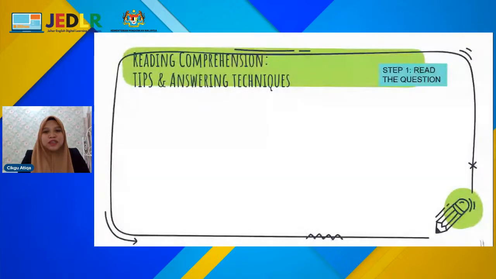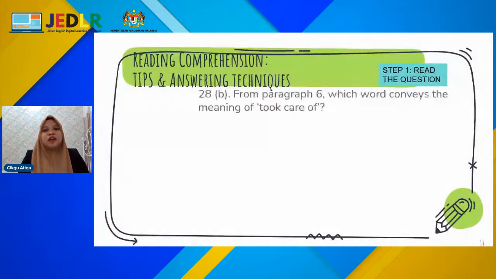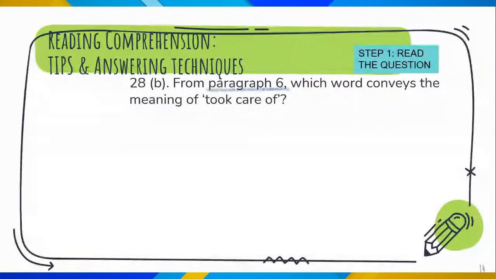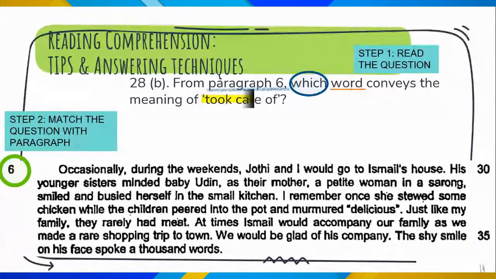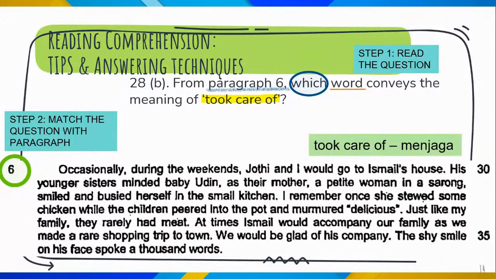Right. Step 1, read the question. From paragraph 6, which word conveys the meaning of took care of? You can find them in paragraph 6. What does took care of mean? Took care of means menjaga. So what do we normally take care of?